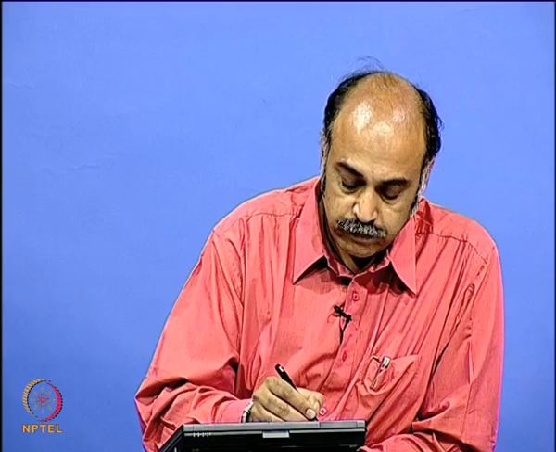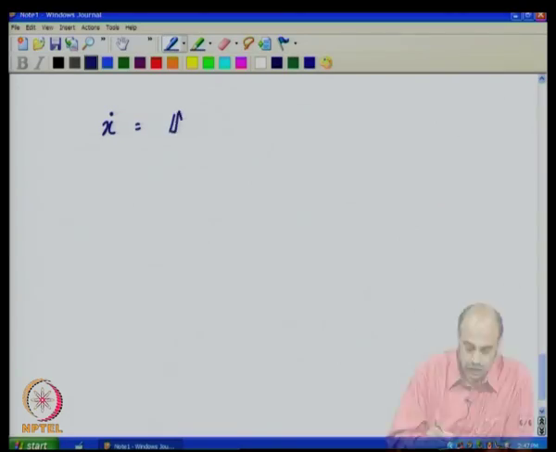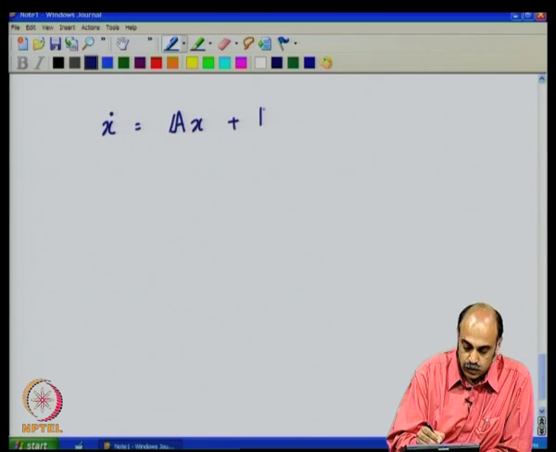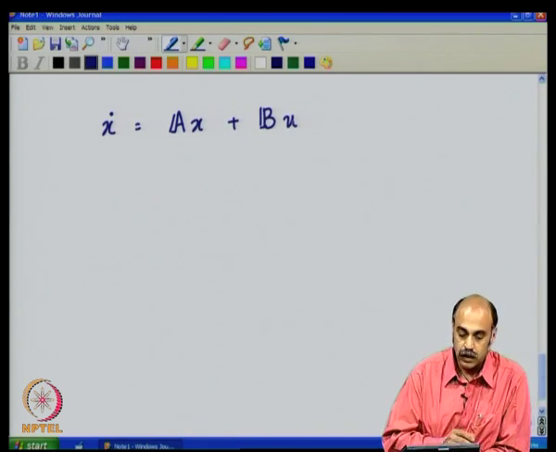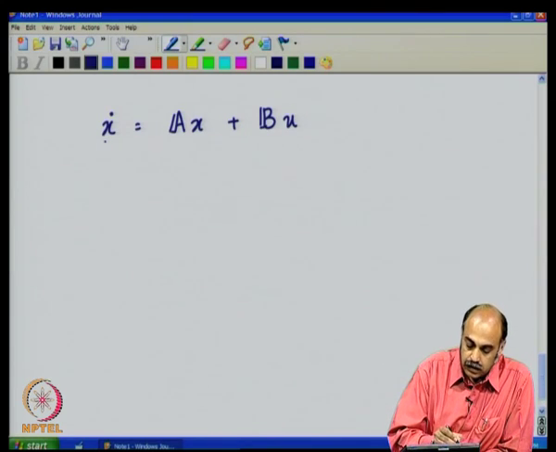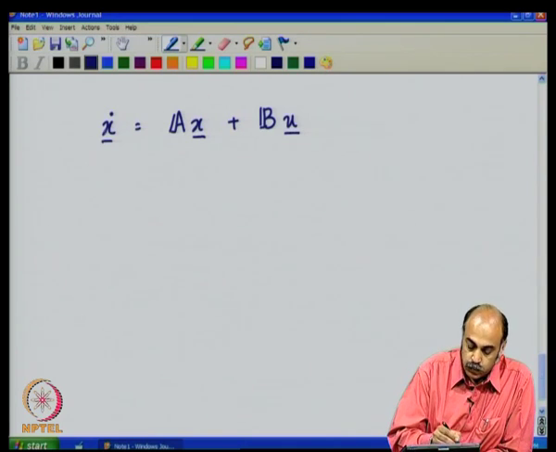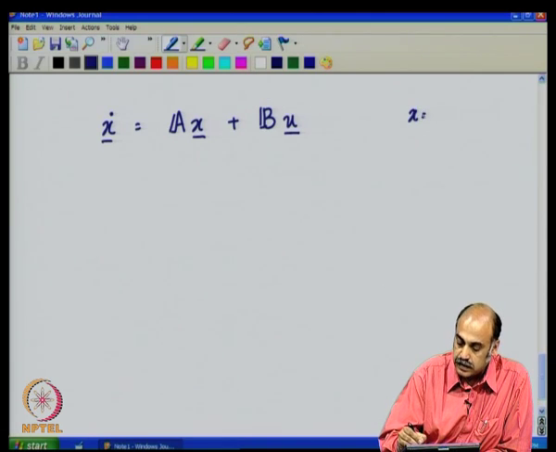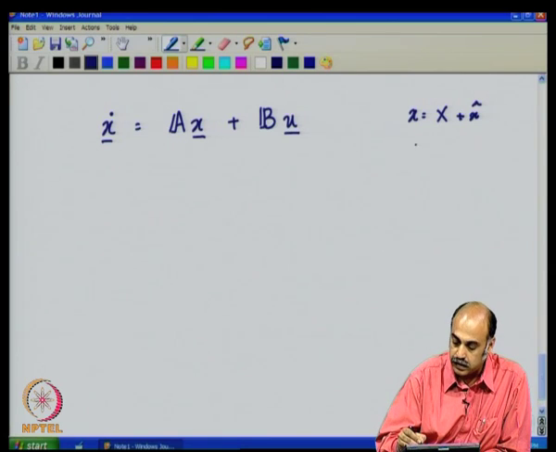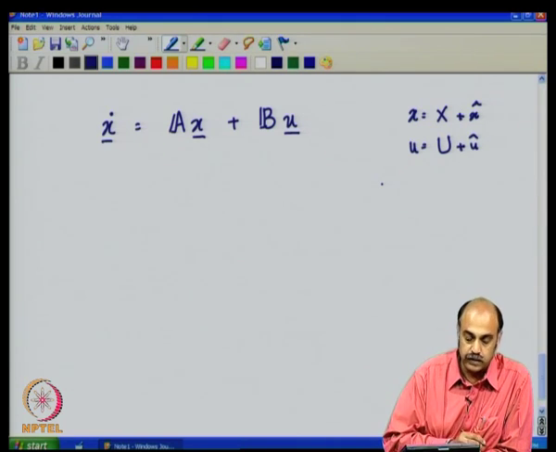Now, if you look at the equation x dot equals A x plus B u, these are all large signal variables. Now, we replace them because we know that x is nothing but steady state part plus small signal part, u is nothing but steady state part plus small signal part, and so on, for all the variables.